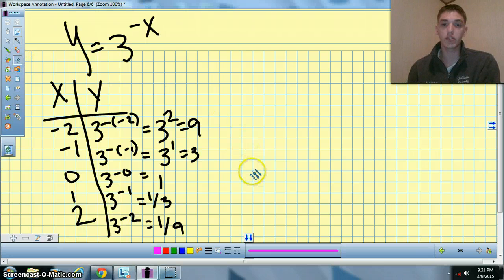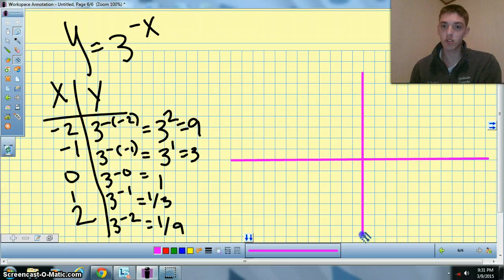So now this graph, at negative 2, it's at 9. So 1, 2, 3, 4, 5, 6, 7, 8, 9.